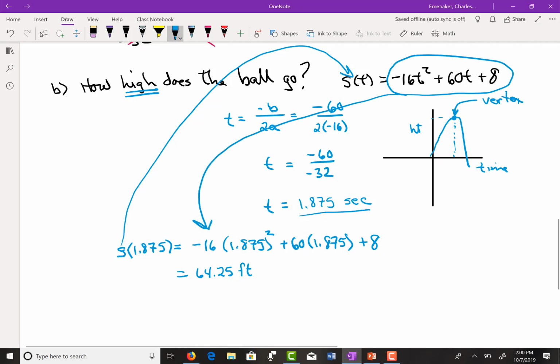So I do the negative 16 times 1.875 squared plus the next thing it says is 60 times 1.875. Then the next thing it says is plus the 8. Does that make sense? Everybody good with that?